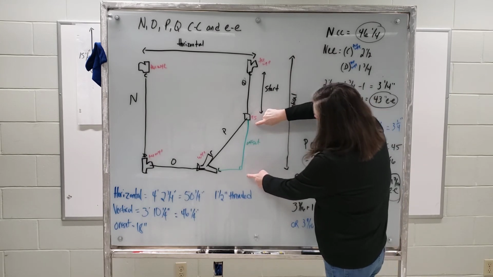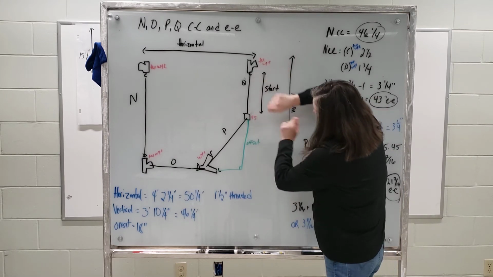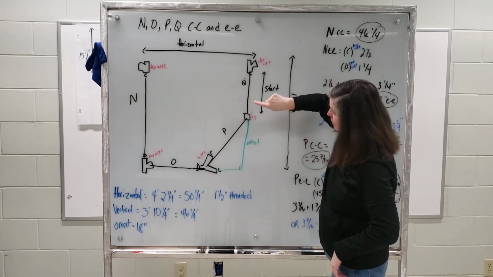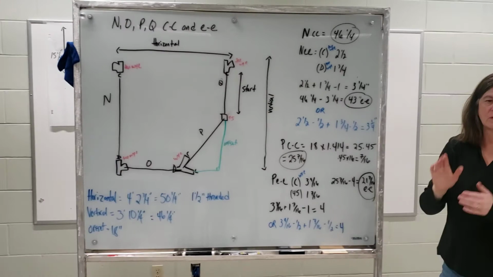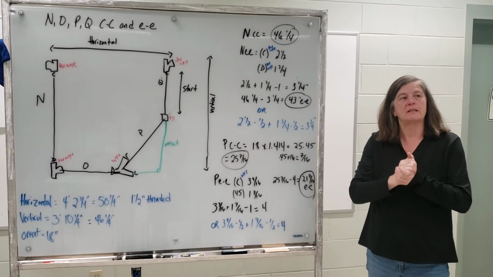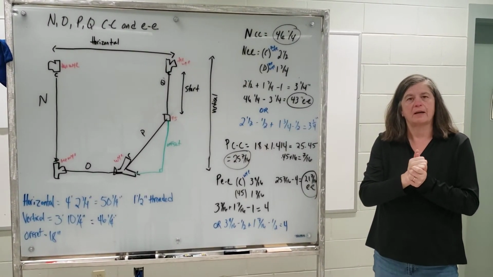Subtract off the offset would give you pipe Q center to center. Then you would take off for a 45 and a C measurement off a TY. Okay, so there'll definitely be one of these on your class assignment and your quiz for today.